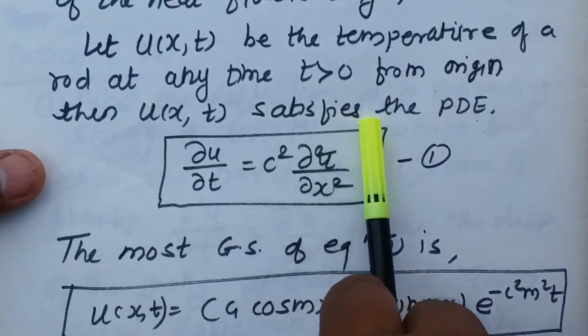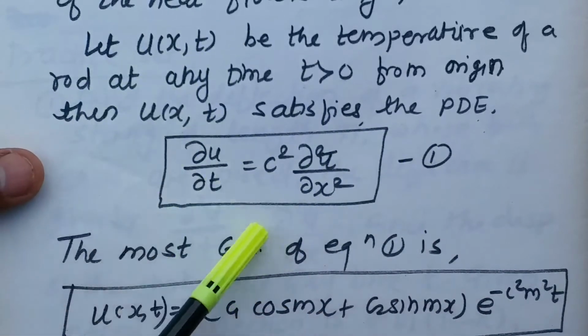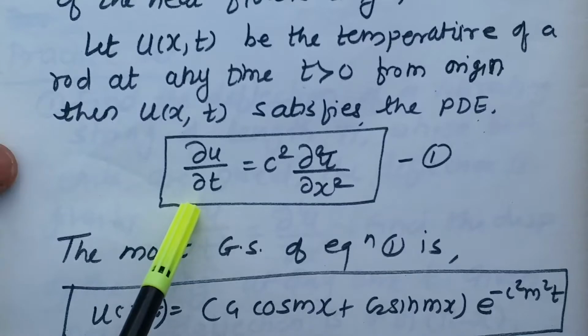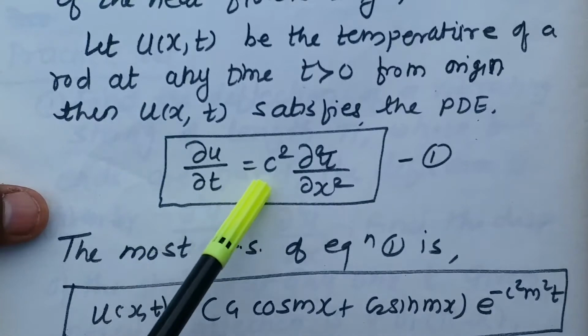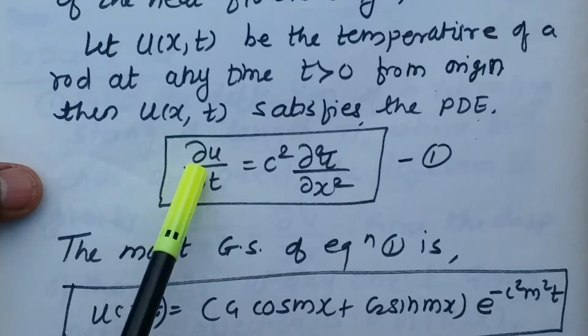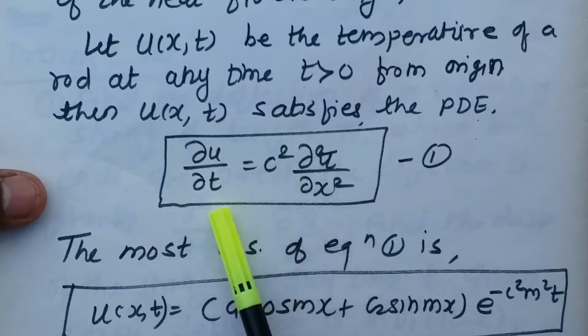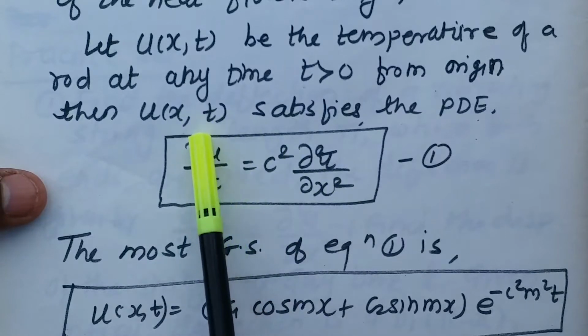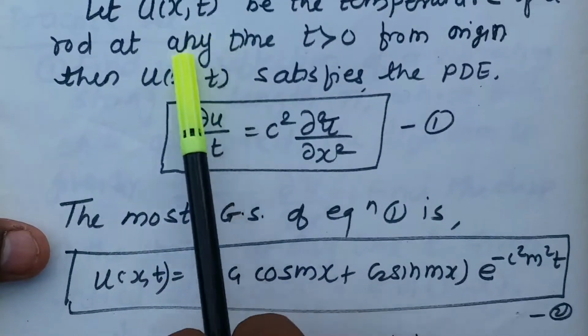Then u of x comma t satisfies a partial differential equation. This temperature satisfies this particular partial differential equation in the case of heat flow problems: del u by del t equal to c square del 2u by del x square. This is like the wave equation, only in the wave equation we had del 2u by del t square. Here we have a first order derivative instead of second order.